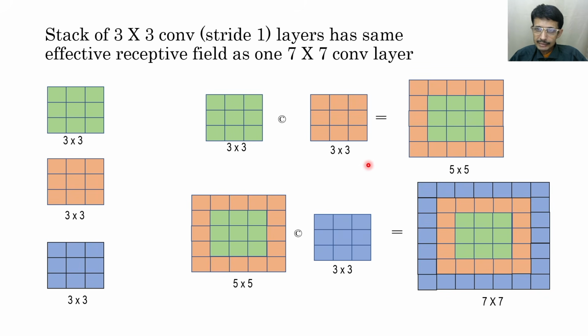So effectively, the receptive field of this 3x3 convolution layer in a stacked manner, in a sequence, results in a 7x7 effective receptive field, and that is the major advantage of this network.